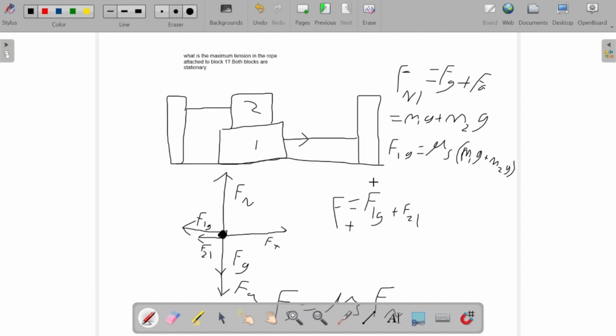So, next is F21. That means it's the friction experienced by this block here. So then that means it's equal to mu s times the normal force of this block, so Fn2.